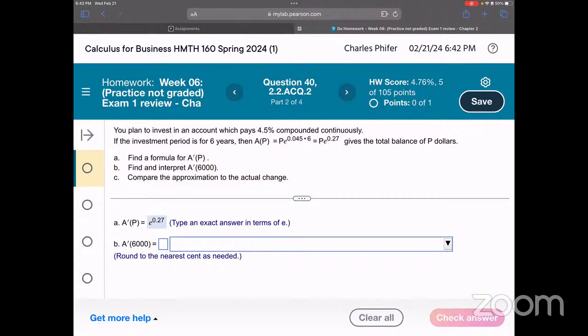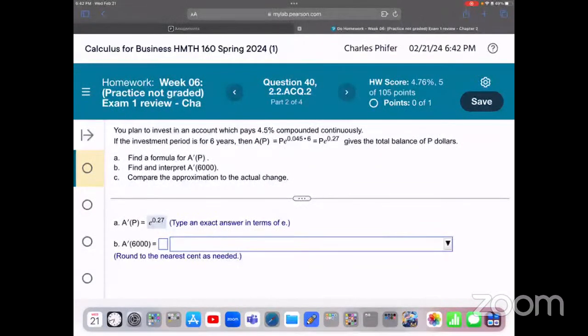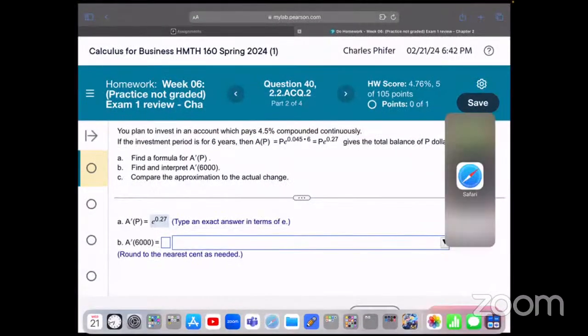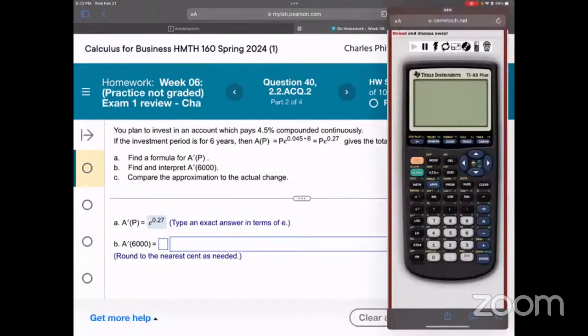So we can just evaluate that number. It doesn't matter what P is because in our derivative there's no P, so it's whatever that decimal is. Let me pull up my calculator. Okay, all we're going to do is evaluate e to the power of 0.27, to the nearest cent.